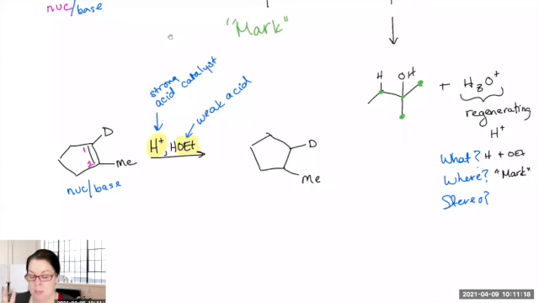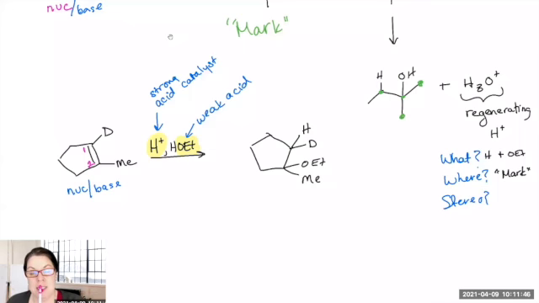Why? Because carbon 2 is going to be a better carbocation. Carbon 1 gets the hydrogen, which means the other group is what gets added to carbon 2. And that is the OEt group. We'll address the stereochemistry in just a minute.